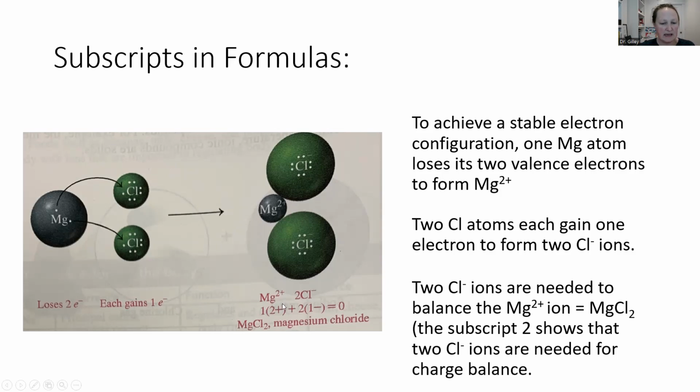That is why you see the 2 chlorides here, for a total of a -2 charge to balance out the +2. Because there's more than one chloride in this ionic compound, we use the subscript 2. This denotes that there are 2 chlorides for every 1 magnesium cation.